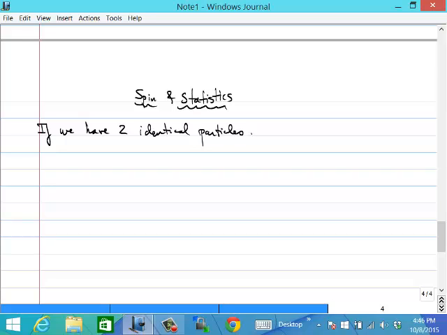They don't have different color, they don't have different charge, they don't have different mass, anything like that. They're quantum mechanically identical. Then they would be described in quantum mechanics by a wave function that we could call psi, and this wave function would be a function of the positions of these two particles.